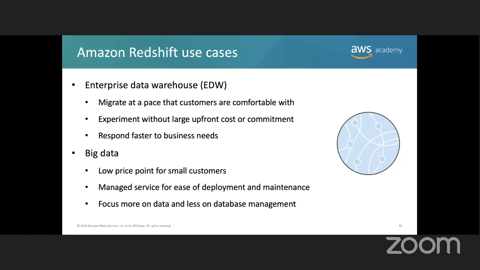So big data customers have one thing in common: massive amounts of data that stretch their existing systems to a breaking point. So smaller customers might not have the resources to procure the hardware and expertise that is needed to run these systems. With Amazon Redshift, smaller customers can quickly set up and use a data warehouse at a comparatively low price point. This is a managed service, right?